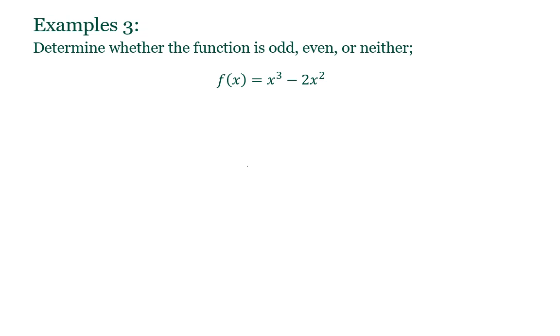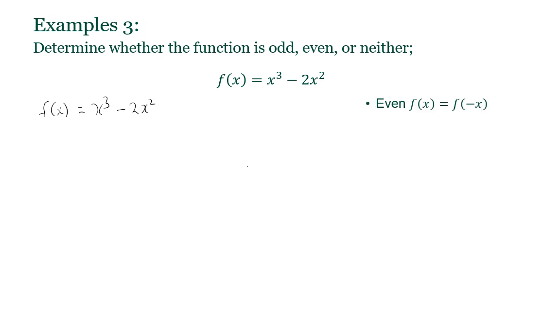In this example, we want to determine whether this function is odd, even, or neither. To solve this, as usual, we first write our function f of x is equal to x cubed minus 2x squared.